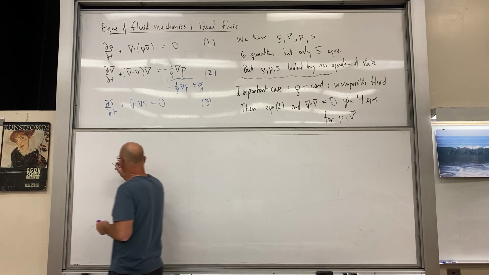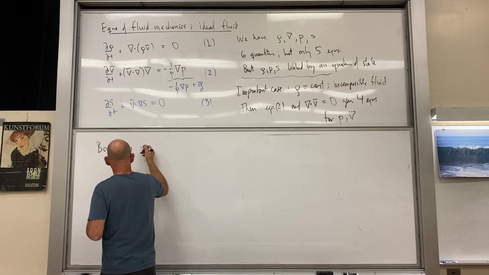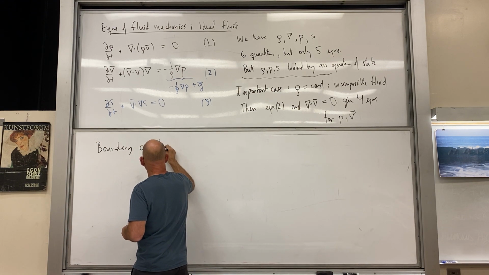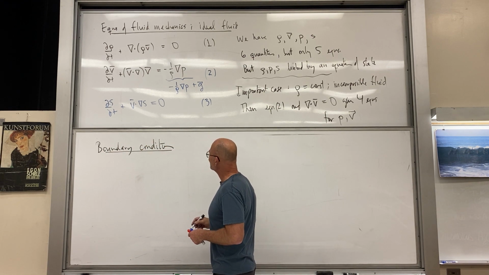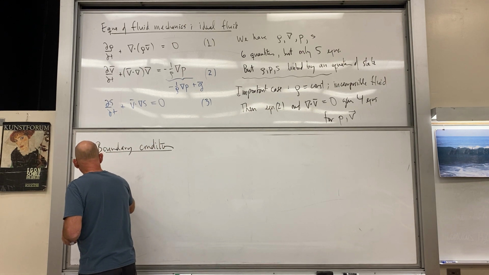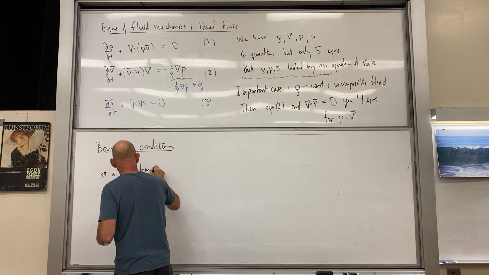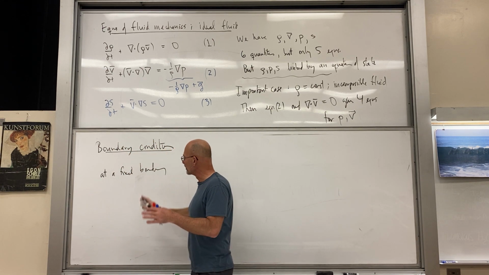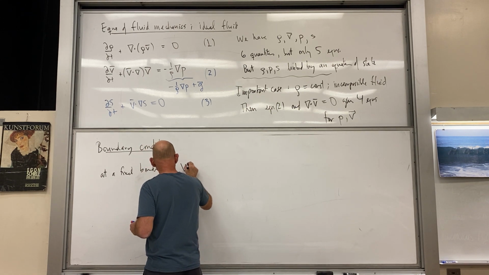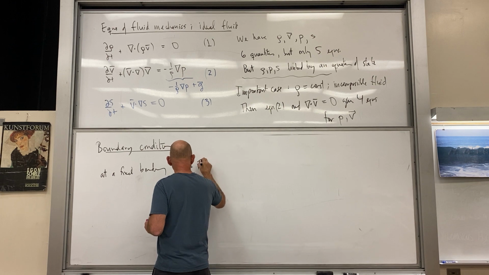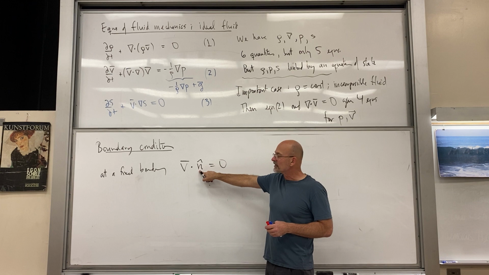So boundary conditions. And they are that at a fixed boundary, or at a solid boundary, fixed boundary to a solid, V dot n hat is equal to 0, where that's the velocity field and that's the surface normal.